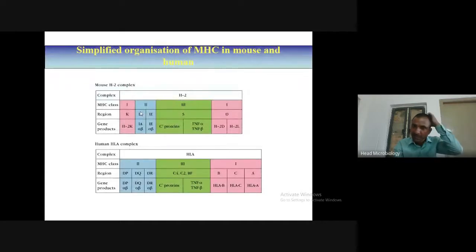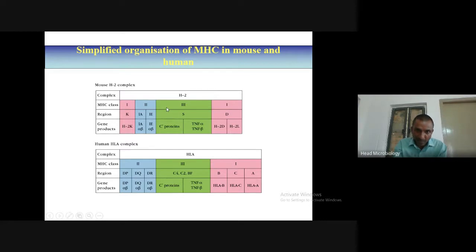Here is the genetic variation of the different major histocompatibility complexes, comparing human and mouse. There are different regions of gene products and HLA.